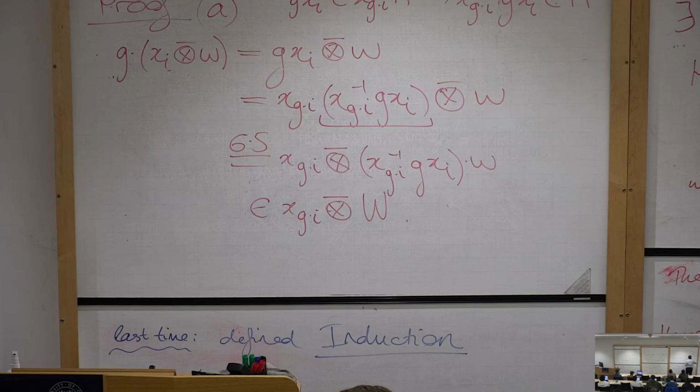We have this decomposition as vector spaces. And A says that the action of little g on the induced module permutes these direct summands.